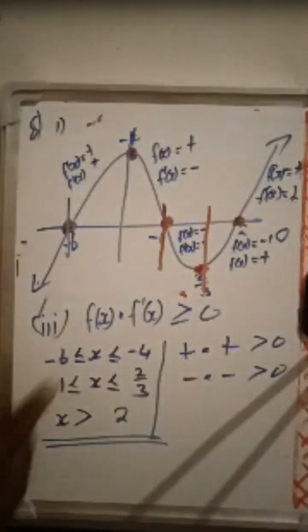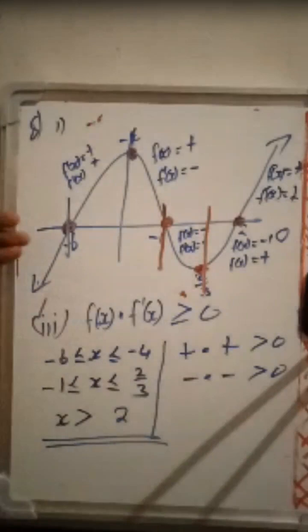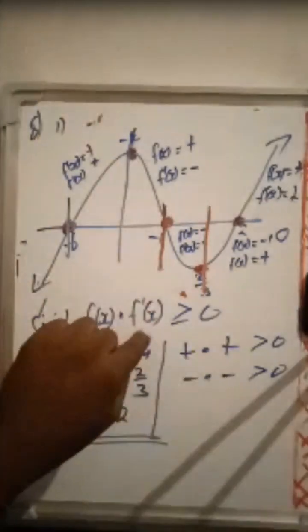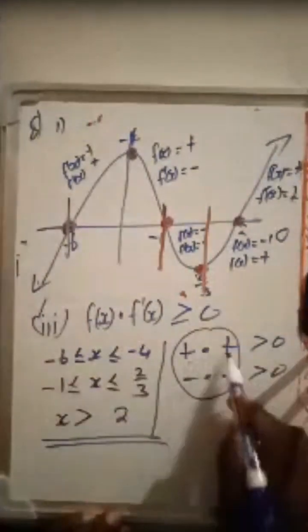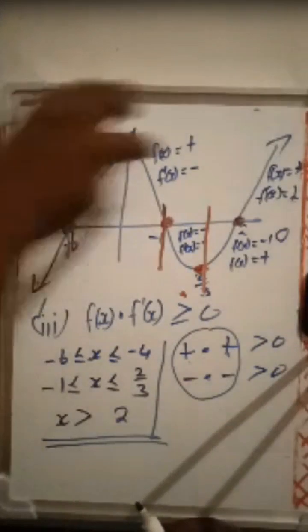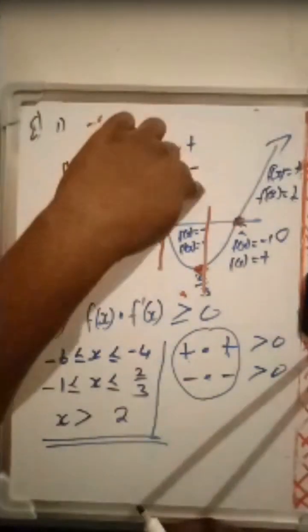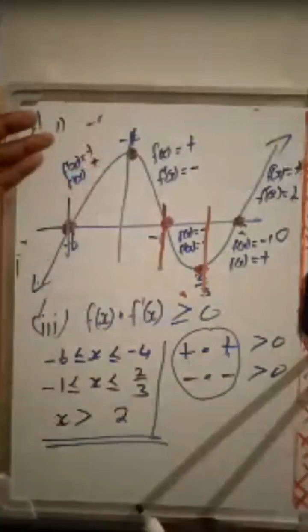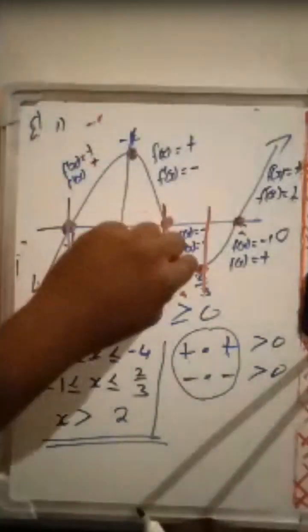So here we are looking at f of x, whether positive or negative. In this one, the gradient either positive or negative. And the check, we know that positive times positive gives us what? Something that is greater than 0. For example, positive and positive. Then here, positive times negative gives us what? Something that is less than 0. Gives us a negative. Then here, negative and negative gives us what?